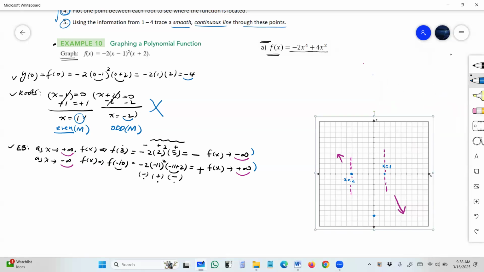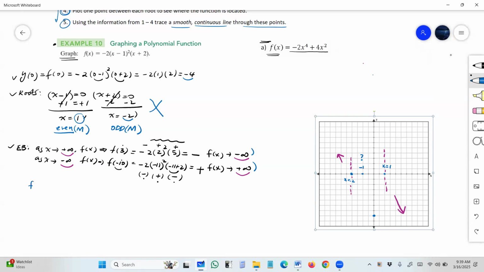All right, so what do we do now? I am going to connect these points. Maybe I want to find where the function is in between here. Maybe it's not necessary, but in this case, I feel like I want to. So I am going to pick a value in the middle. Remember, each of these tick marks is a half. So I'm going to find out where the function is at -1.